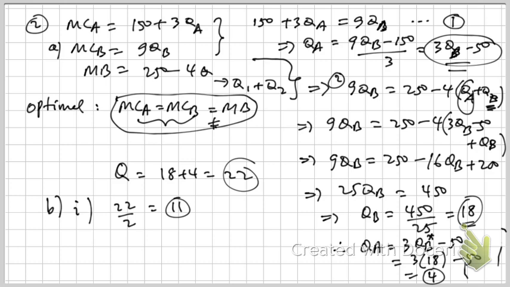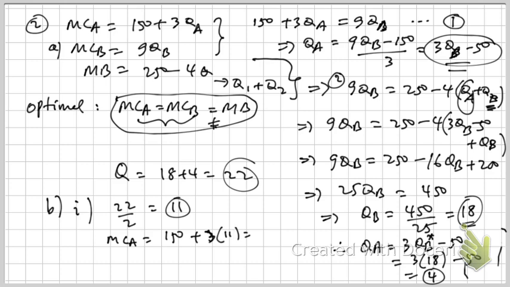to the situation? Well, this is inefficient because at 11 quantity, calculate the marginal cost. The marginal cost of A would be 150 plus 3 times 11.